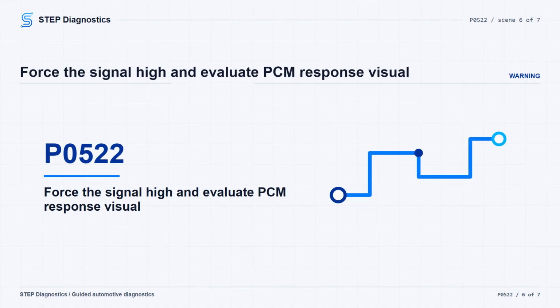If the wiring checks pass, the next move is to prove whether the PCM can recognize a high signal on that circuit. For this test, the ECU harness connectors must be connected to the ECU. Disconnect the sensor harness connector, keep the ignition off, and connect a fuse jumper between the EOP sensor signal circuit and the 5-volt supply circuit at the EOP sensor connector.